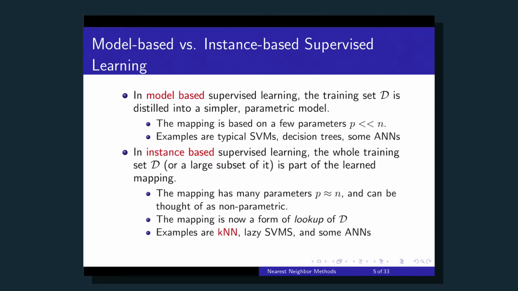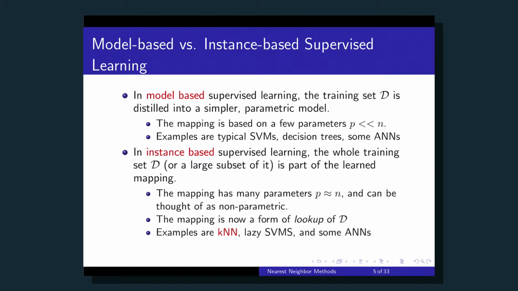They can be seen as model-based, whereas especially if they're lazy SVMs, and the number of support vectors is comparable to the number of instances in the training set, you can think of them as instance-based. Same thing with ANNs. There are certain neural networks that can be thought of as instance-based, things like self-organizing maps. So what is instance-based supervised learning?